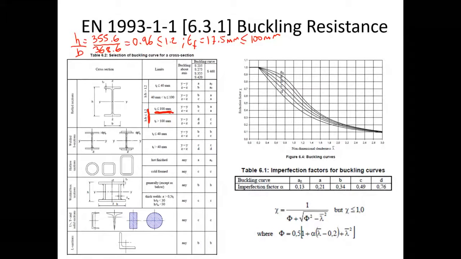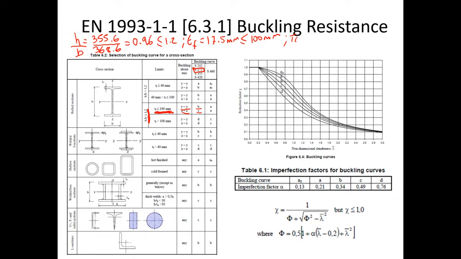The next thing is which of the buckling curves, YY or ZZ. We have S275 steel. When we're using the major axis, we're using buckling curve B, and we're using buckling curve C about the minor axis.